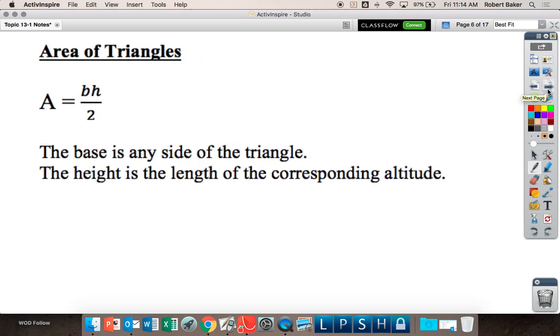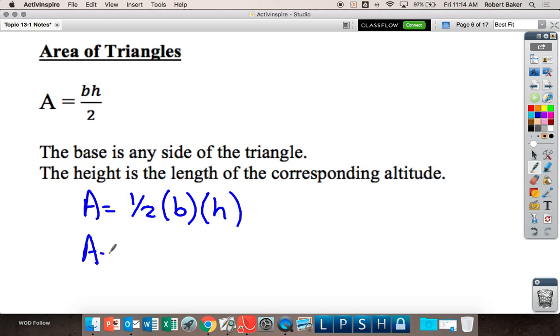Alright, so triangles now, the second layer. There was one shape. Are there any questions about parallelograms and how to use base times height? With triangles, there are two different versions we can use. The area of a triangle is equal to 1/2 base times height, or the area of a triangle is equal to base times height divided by 2.